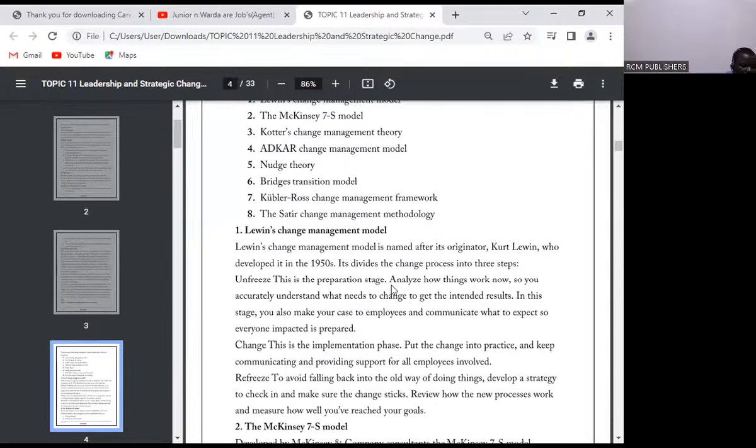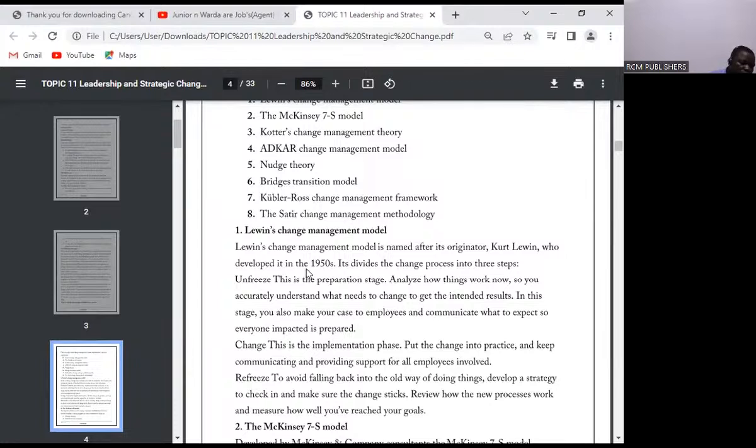Lewin's change management model is named after its originator, Kurt Lewin, who developed it in 1950. It divides the change process into 3 steps. 1, unfreeze.